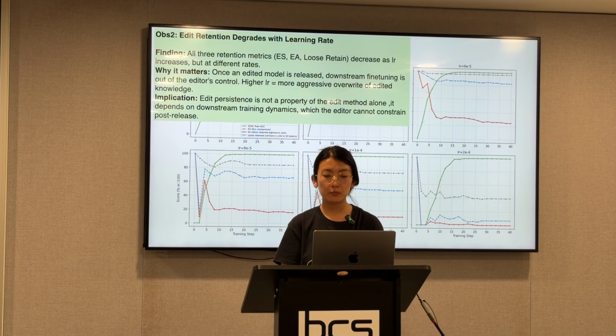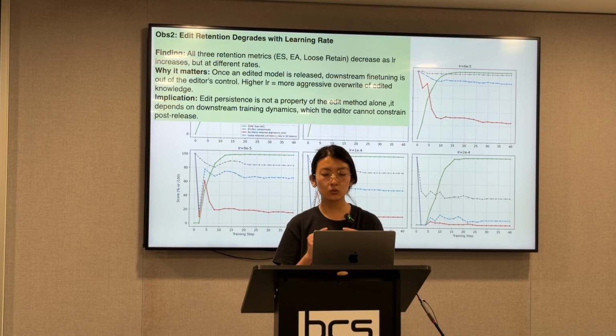At the same time, you notice the other three lines, ES, the green line, EA, the red line, and LR, the blue line, indicate that the edit retention degrades with learning rate. All these retention metrics decrease as the learning rate increases, but at different rates.